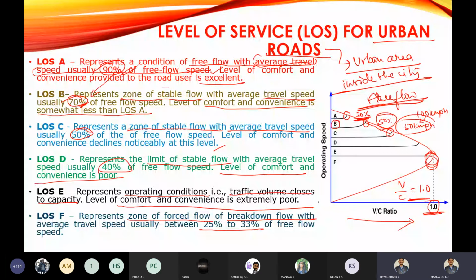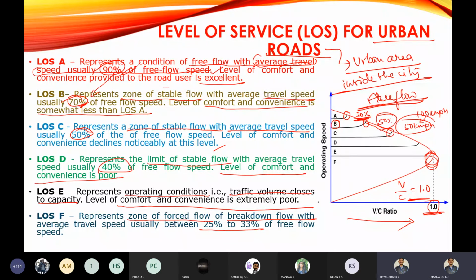So remember, if you remember the level of service for rural highways, we can easily write the level of service for urban roads. Only one addition is there, that is the travel speed is equal to a percentage of free flow speed. You have to remember: for A, 90% of free flow speed. For B, it is 70%. For C, it is 50%.